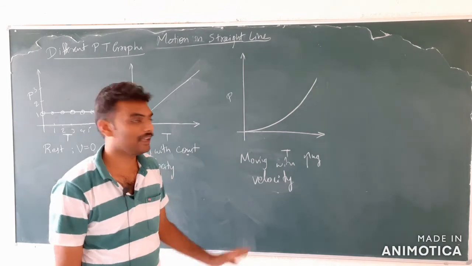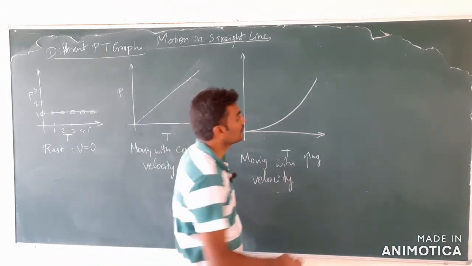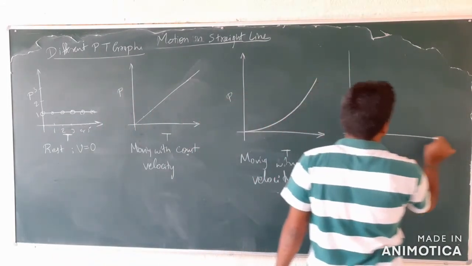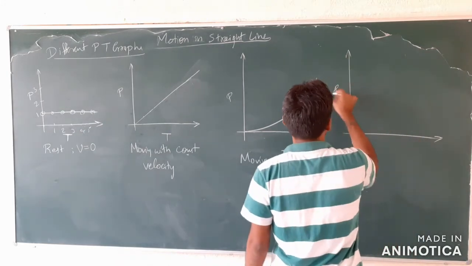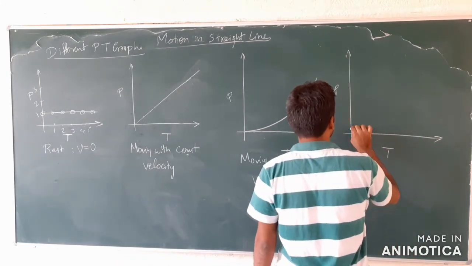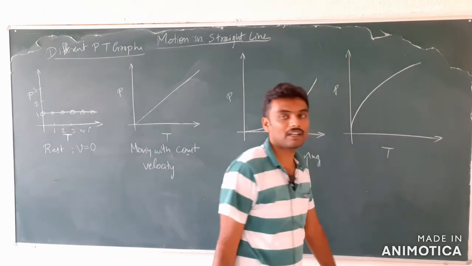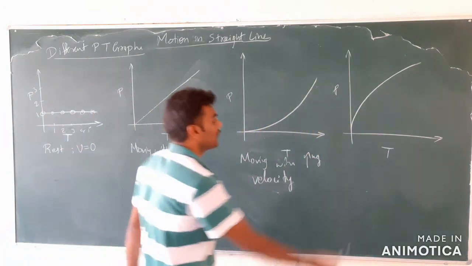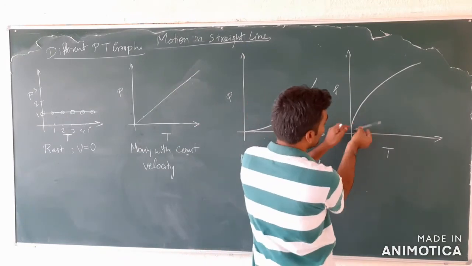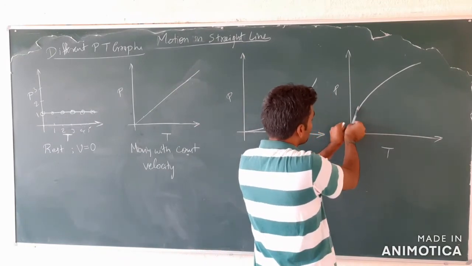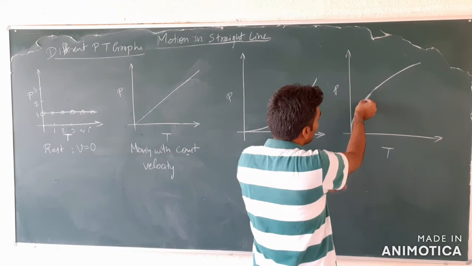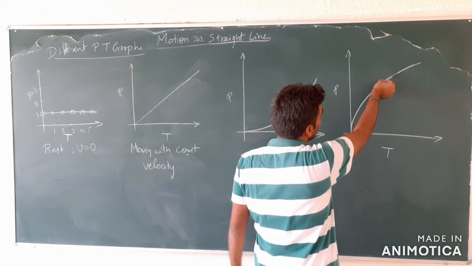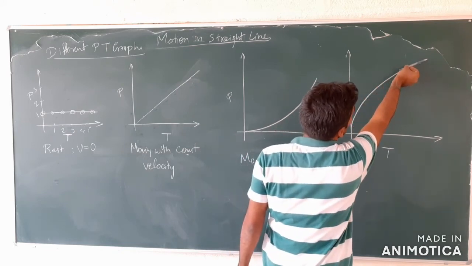Clear? Very easy. Now, the next graph is as follows: PT. Okay, this time, this is how the graph is. Now, what is happening to the slope? At this point, slope is very much, see, the deviation is very much. Now, as it moves ahead on the graph, the slope decreases, right?